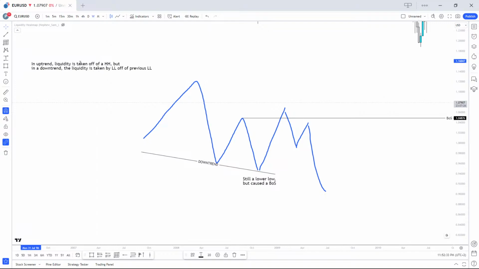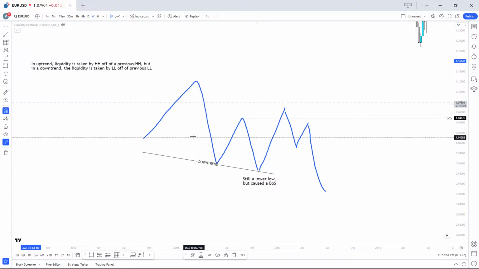Hopefully that makes sense. I forgot to write: in an uptrend, the liquidity is taken by higher highs of previous higher highs.